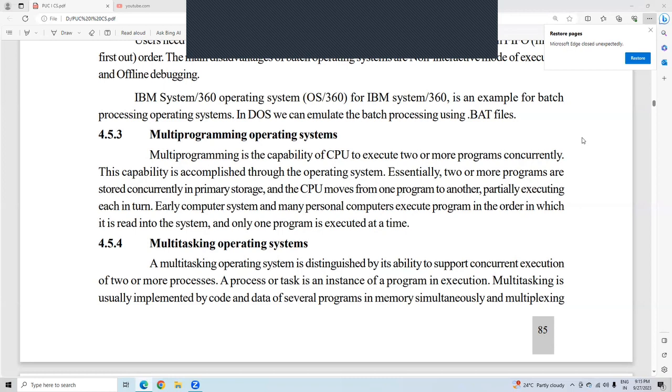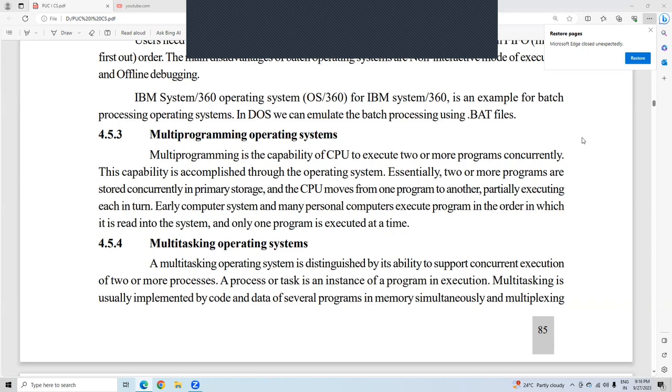Little is handled, then it switches to subtraction. There, a little processing is done, then it switches to multiplication. Again, a little processing is done in the multiplication and again it switches to division. Like this, it will continue its operation, right? So like this, multi-programming operating systems will work.